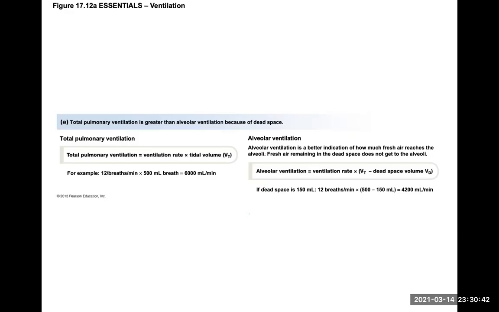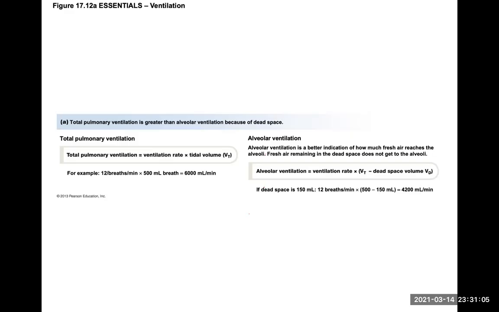However, this is not a really good indicator of the fresh air that reaches the alveoli for exchange, because not all air that enters your respiratory system is actually going to reach the alveoli. Some of the air remains in the conducting tubes, so it remains in your lungs, but it didn't make it to the epithelia just yet. That's what we call dead space.